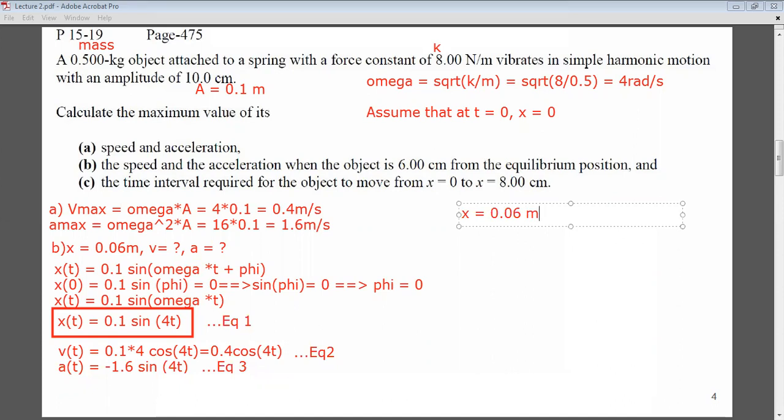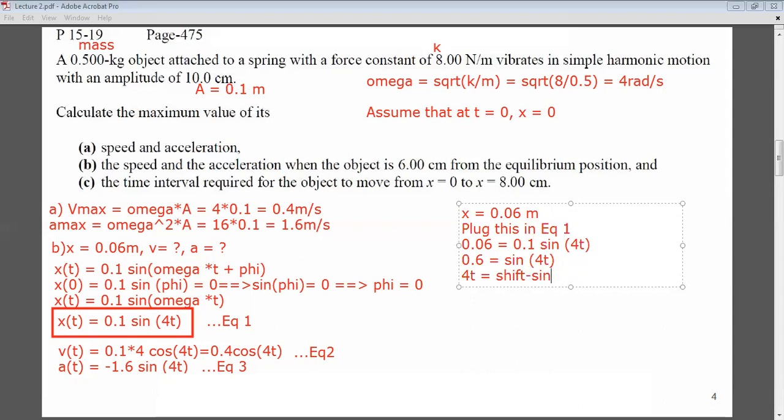Okay, so we plug this in equation 1. So we have 0.06 equal 0.1 sine 4t. We divide by 0.1, so 0.6 is equal sine 4t. Then 4t is equal shift sine.